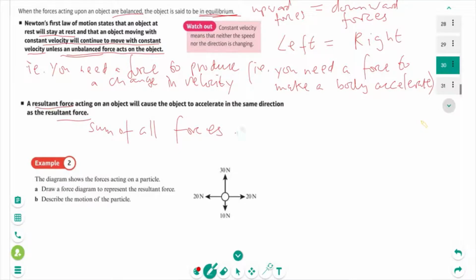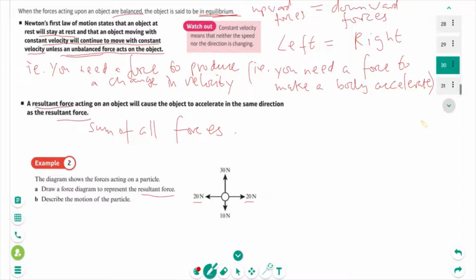Here's one example. You have a particle, and there are four forces acting on it. Draw a force diagram to represent the resultant force. You need to think about what the overall effect is. You've got 20 newtons acting to the left and 20 newtons acting to the right, so there is no resultant horizontal force.